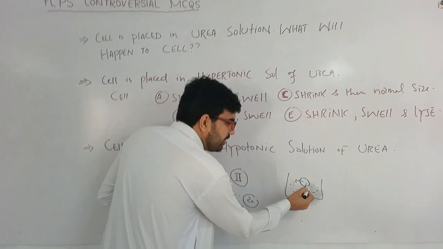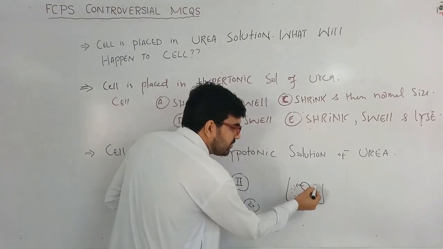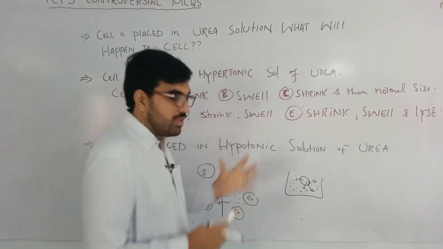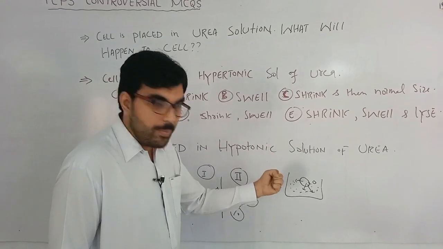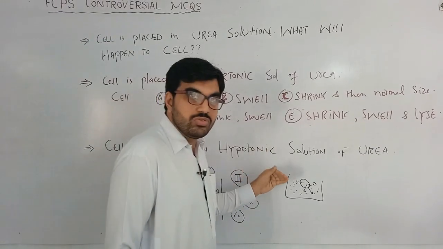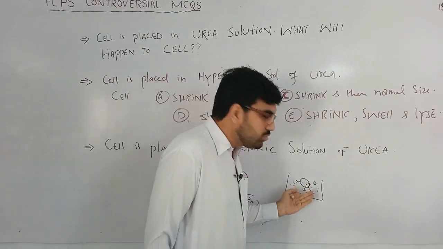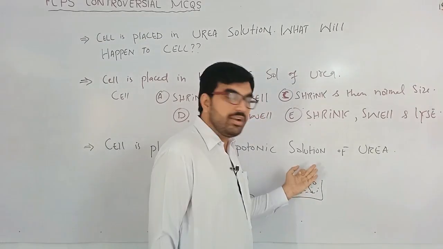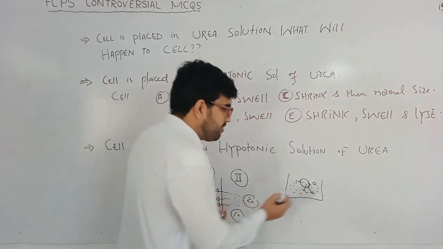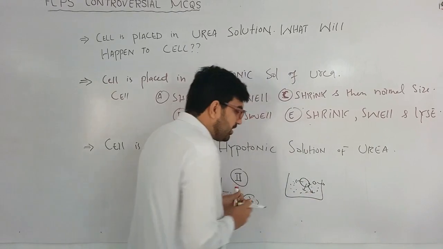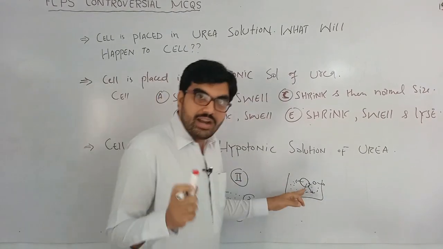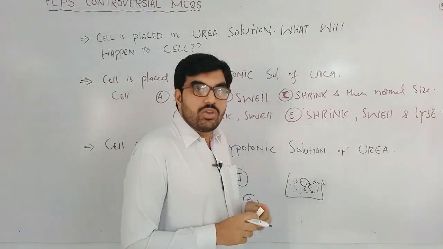When it draws water, the cell will shrink. When the cell shrinks, the urea molecules will diffuse through the membrane to enter into the cell. The urea molecules have started diffusion until there is equilibrium.